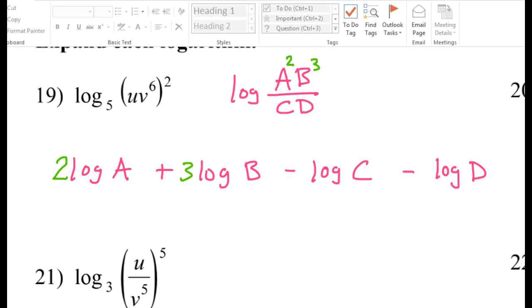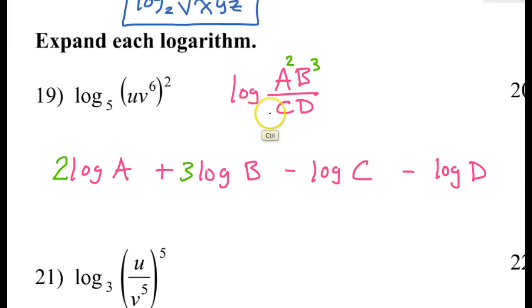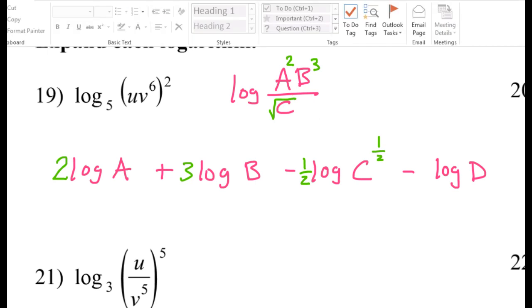In the same way, don't forget that when we have the square root, that is the same thing as the 1/2 power. And again, that 1/2 power has to end up here in the front. That would be the same thing if I had the cube root, for example.